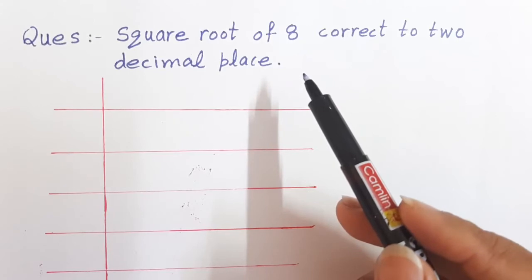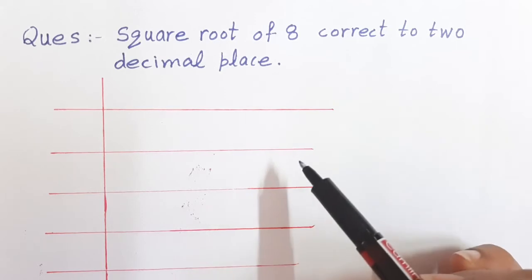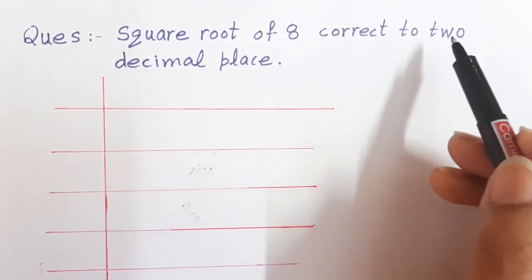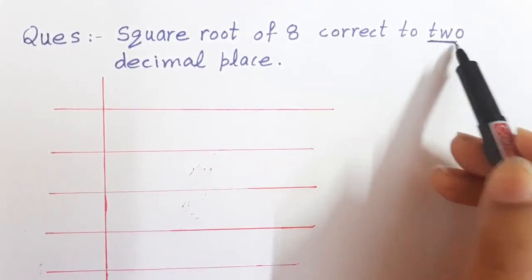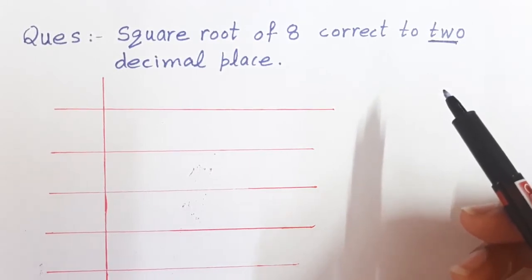Because we have to round it off up to 2 decimal places after the calculations. Similarly, if the square root is required correct to 3 places of decimal, in that case, we will find the root up to 4 places and then round it off up to 3 places and so on. So, it is asked 2 places. We are going to find till 3 places. Right? I hope you have understood this.